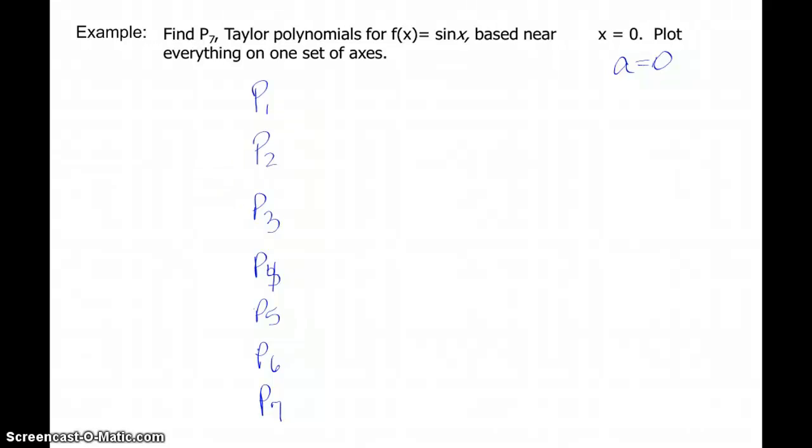Because remember, the next polynomial is just the prior polynomial plus the next term. So we're going to go back to our formula and write our formula down.